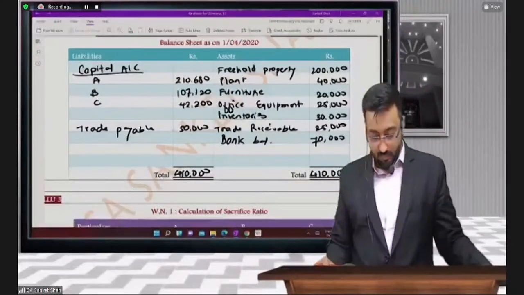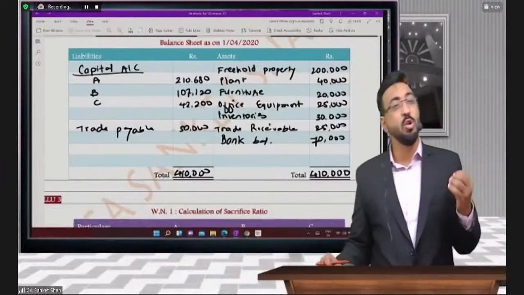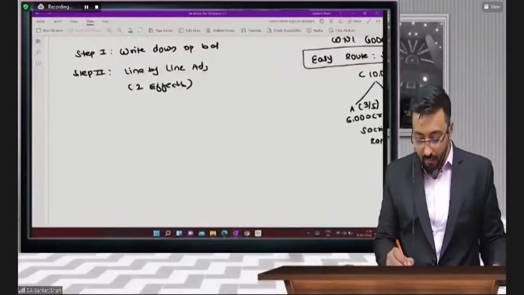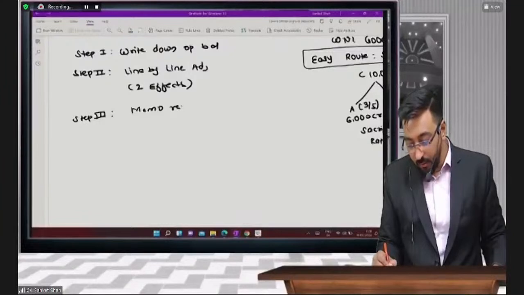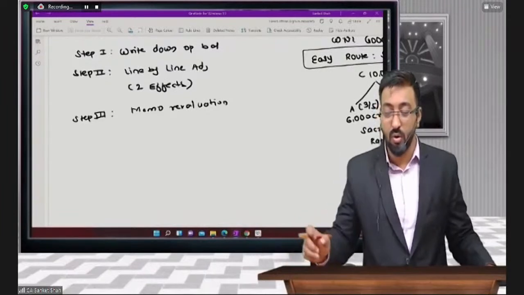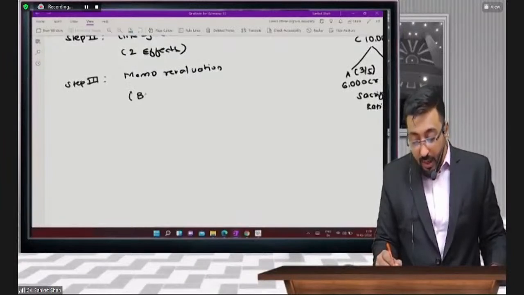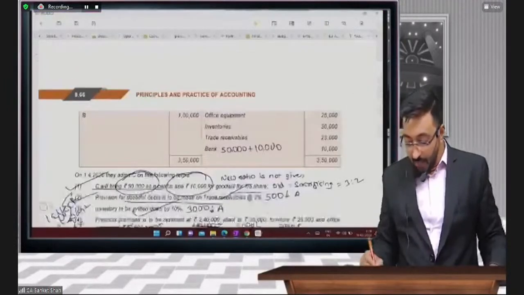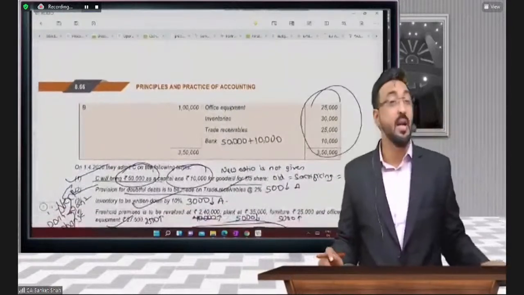Sir, please repeat the revaluation account. Karishma beta, remember one or two types in the revaluation account; I told you last time. In this problem, step number 3, memorandum revaluation account. I have explained the memorandum revaluation account in so much detail. Memorandum revaluation account: when to open? When book values are the same. See beta, after revaluation also these values are not getting changed, as given in the question itself, except bank balance.